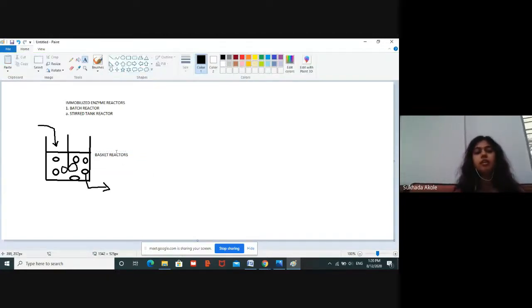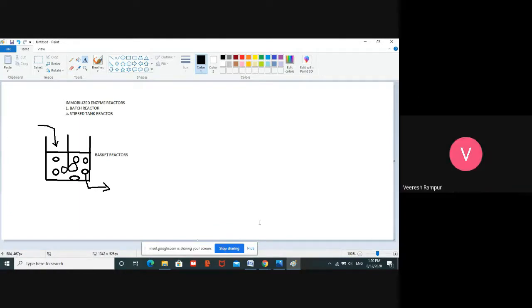This basket reactor looks like the drum of your washing machine, the kind used for spinning to dry clothes. So it has perforations on the wall such that after mixing, when you spin it, only the liquid comes out and the solid material or these immobilized enzymes will stick onto the wall. Okay, clear? Say yes or no. Yes, ma'am.